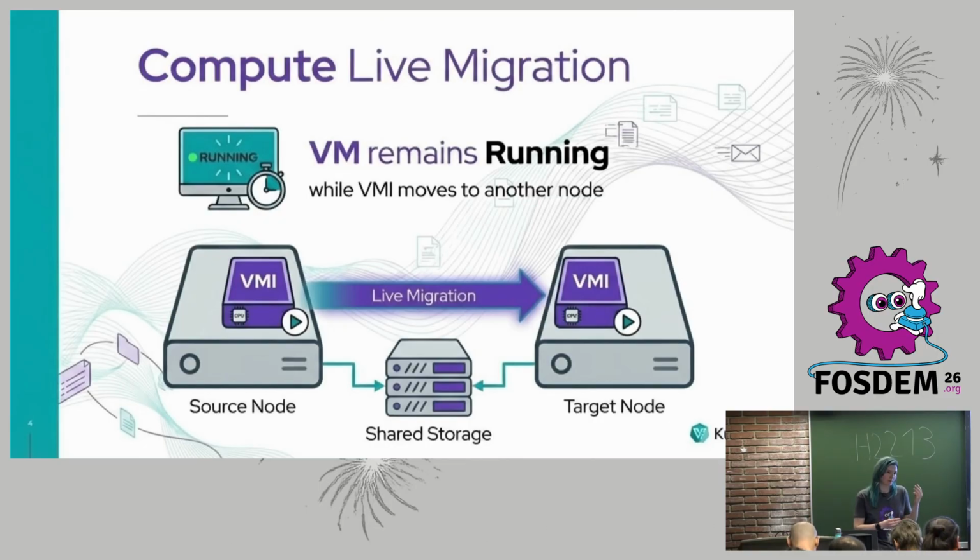Your VM's PVCs need to have read-write-many access mode, because at some point you need to have two virt-launcher pods connected to the same PVC. In this case we have one VMI, virtual machine instance, whose job is to synchronize between the source and the target, and this VMI serves as the point of truth for the synchronization. Remember this, you will need this information in 5 minutes.